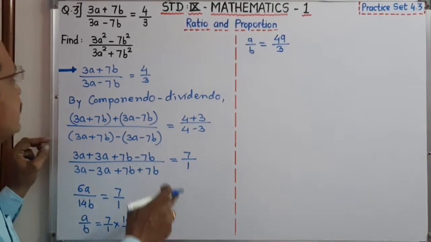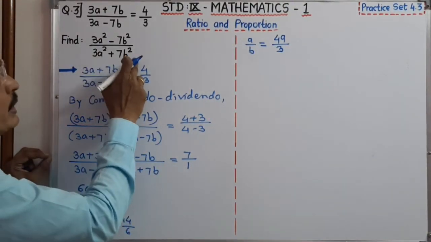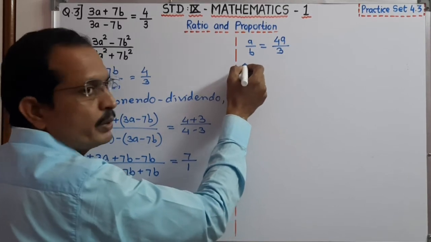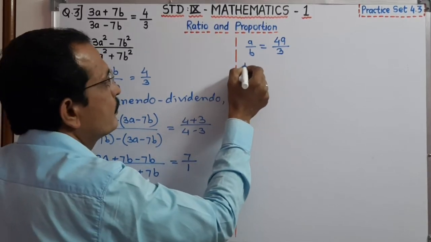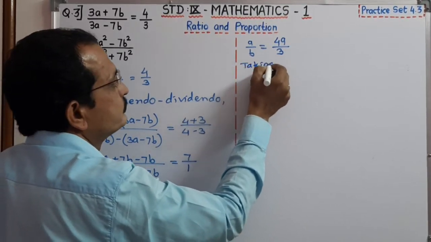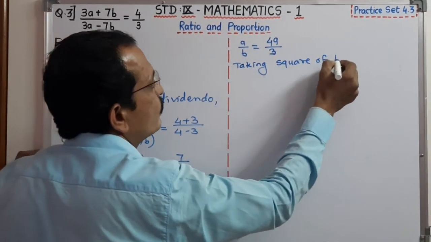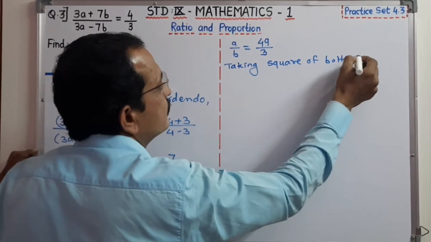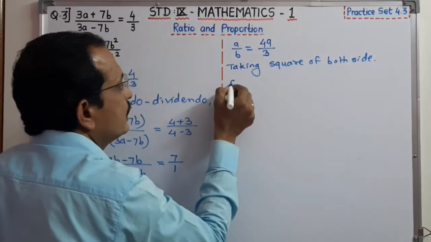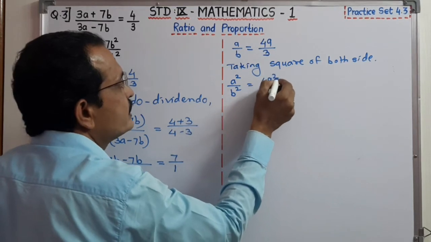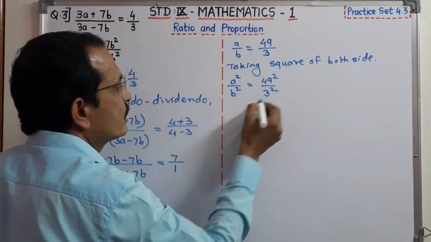Now dear student, see, we required a square and b square. Therefore the next step is we have to take the square of both sides. Now dear student, a square upon b square is equal to 49 square upon 3 square.